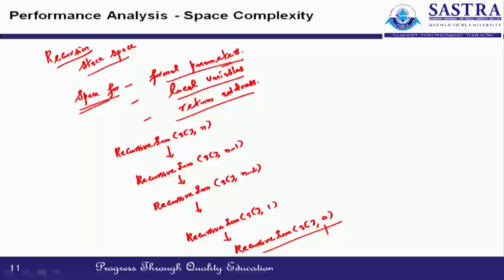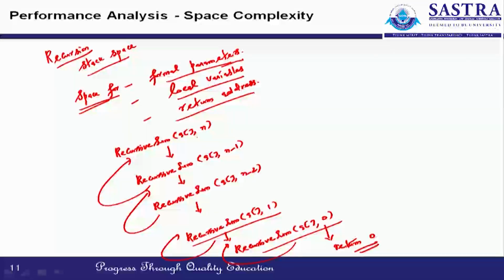So finally here the actual parameter n is 0, simply this returns a value 0. Then recursive sum of A array comma 1, which was invoked in the previous call, recursive sum of A array comma 2. Likewise here the value is returned to the previous call, this is returned to the caller here, and this value is returned to the caller here.